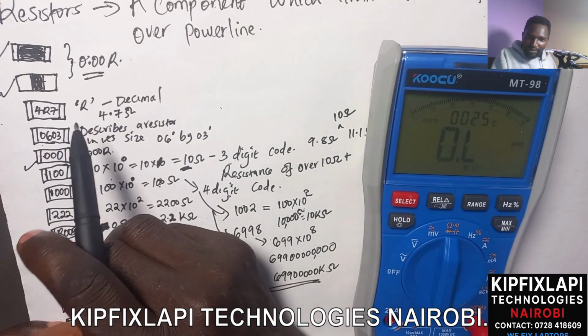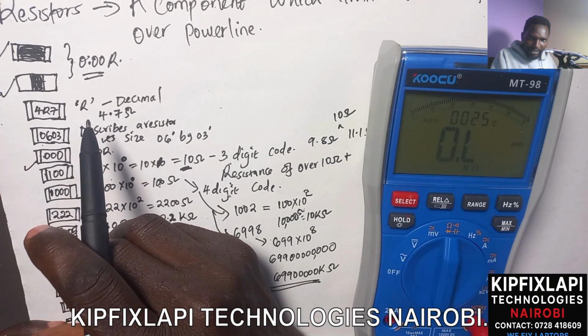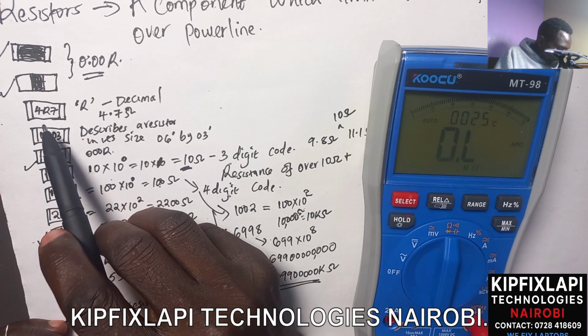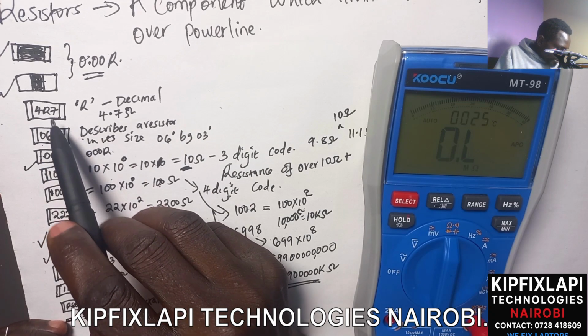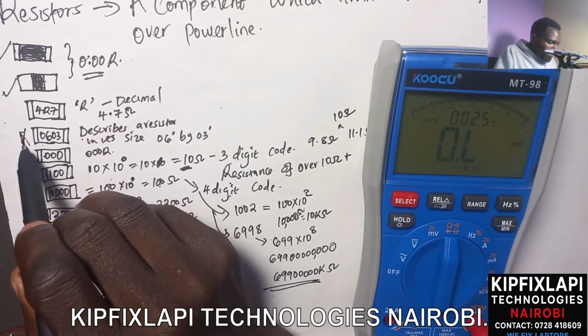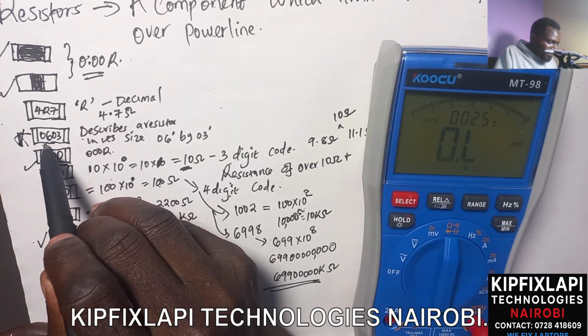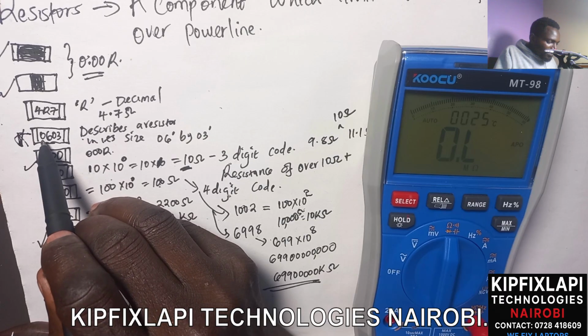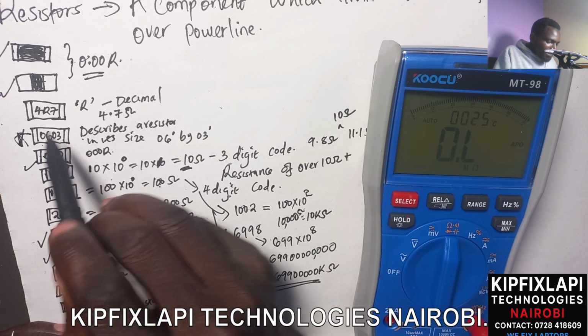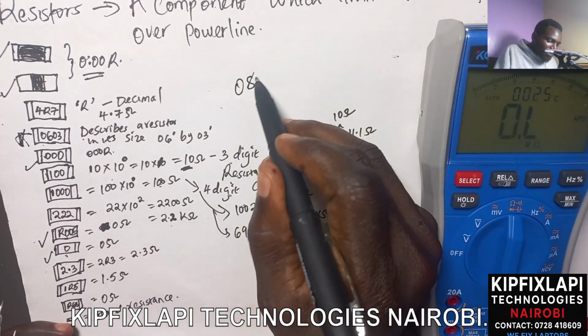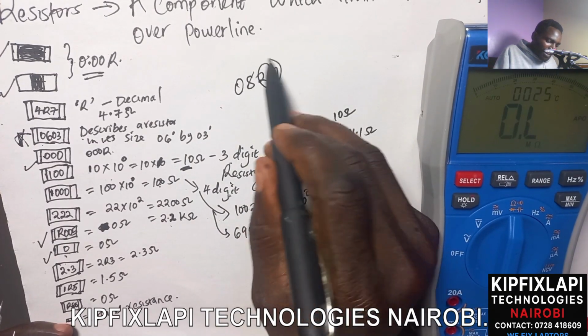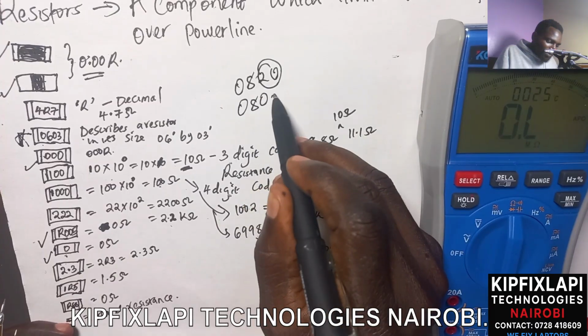Now let's check another one. Let's check this one. This one we cannot measure because you can see it starts with a zero. Maybe if it is 0.820, no, there's nothing like this. Maybe 0.802.